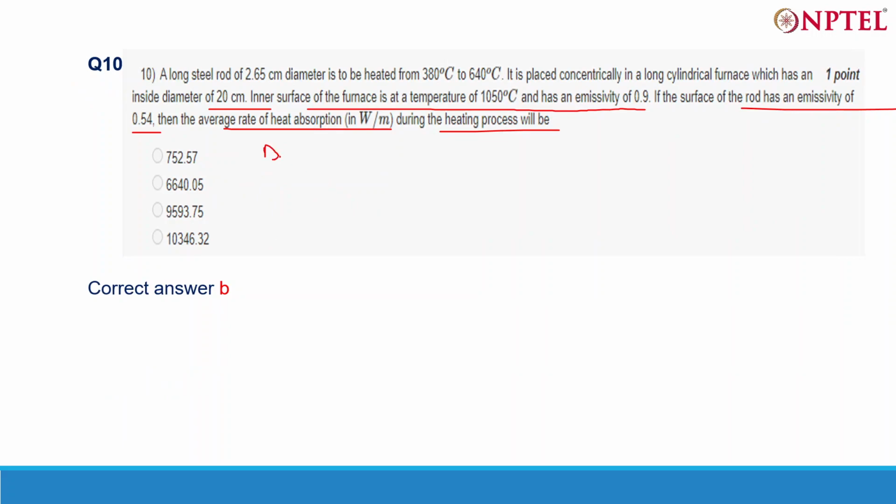So D rod is given 2.65. So first thing, how you approach this question is to write down all the data which is given. T R1 is given 380. T R2 is given 640.